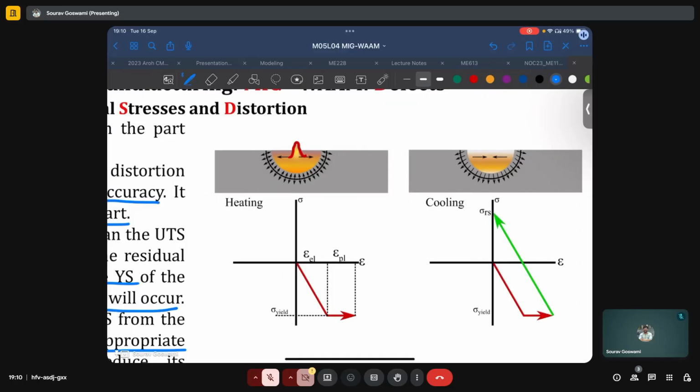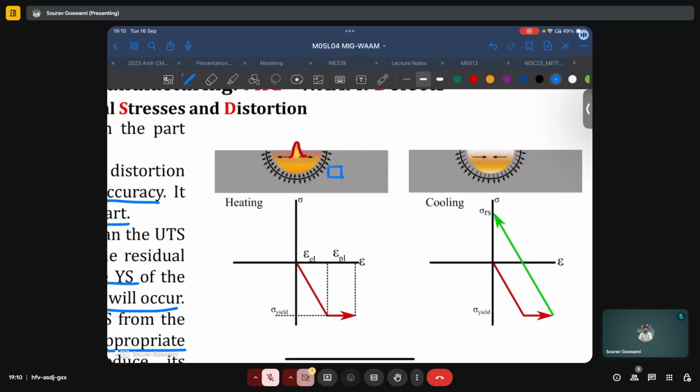Because of this expansion, the material which is surrounding this melt pool, so we are looking at it from the perspective of some material inside this substrate, will be subjected to compressive stresses because the melt pool is trying to expand. The surrounding solid substrate will try to resist this expansion, and so some region of the substrate itself will be subjected to compressive forces, which is shown in this curve here.